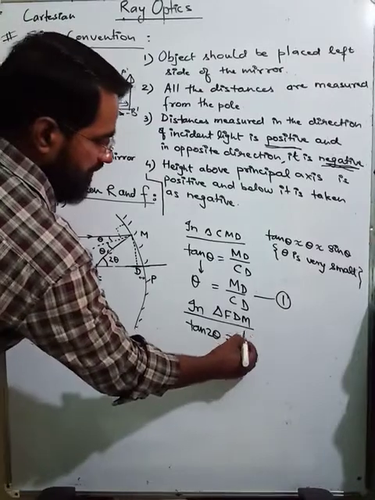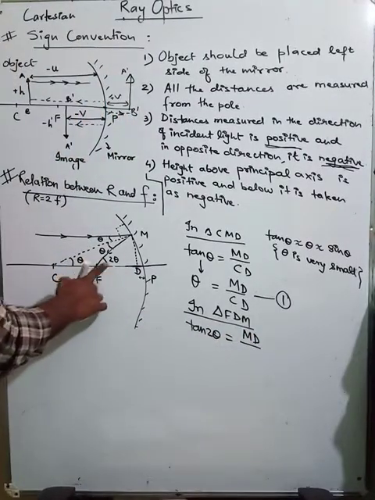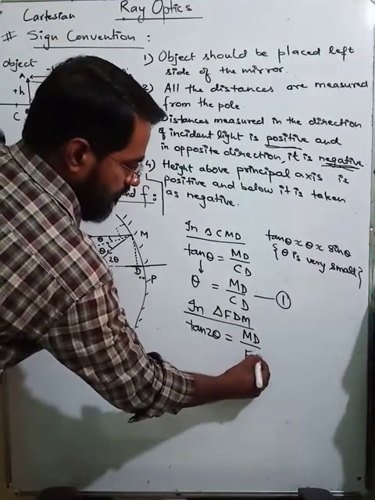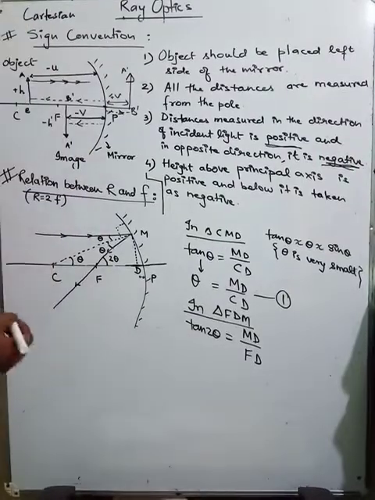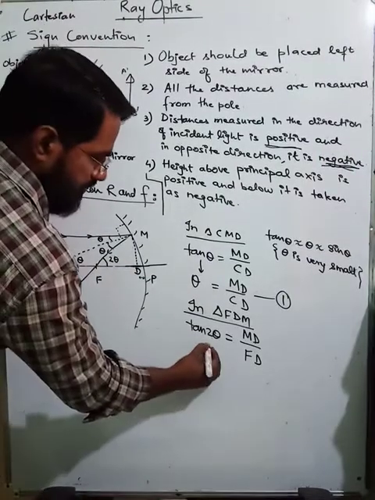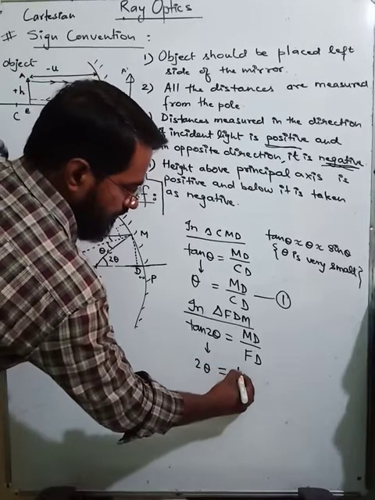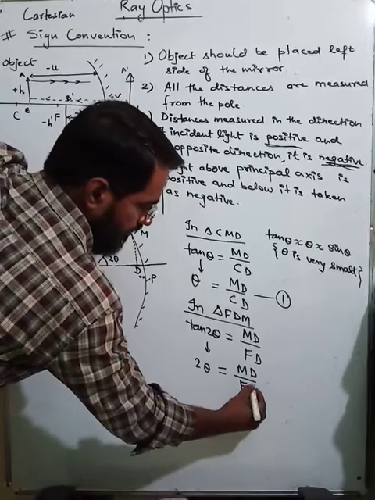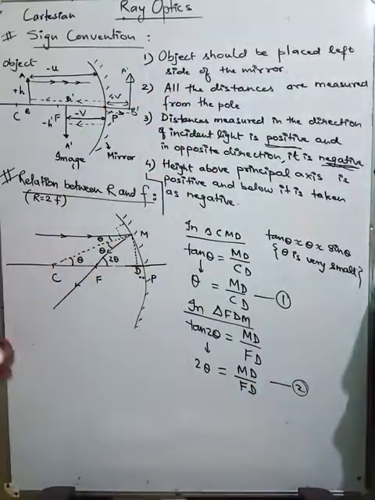The opposite is MD, and the adjacent is FD. Again theta is very small, so 2 theta is also very small. So this can be written as 2 theta is equal to MD upon FD. Equation number 2.